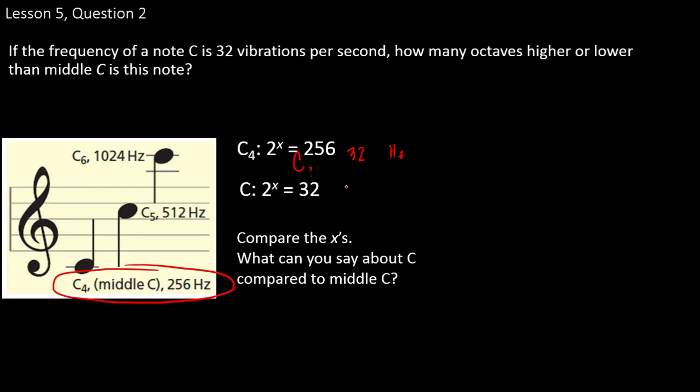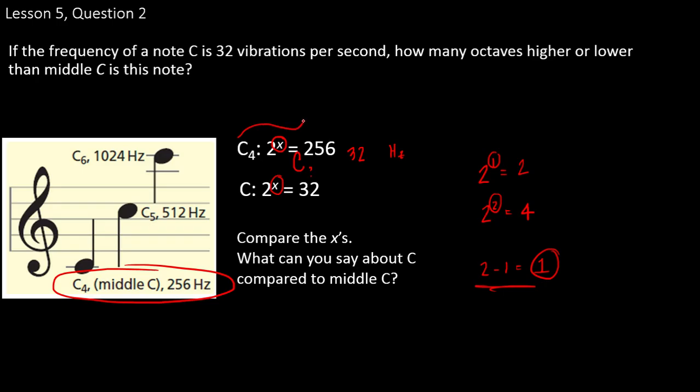The number of octaves higher or lower will be equal to the difference between this x and that x. For example, if I was comparing 2 to the first, which is equal to 2, and 2 to the second, which is equal to 4, and I wanted to compare the exponents, 2 minus 1 is 1. That's my difference.